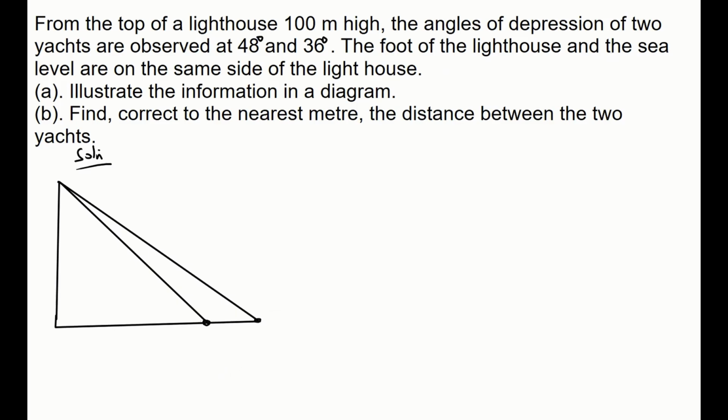Then we can name this Y1, which is yacht 1, and name this Y2. We identify that the length of the lighthouse is 100 meters. The angles of depression of the two yachts are observed at 48 degrees and 36 degrees.